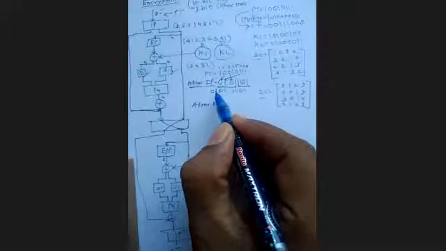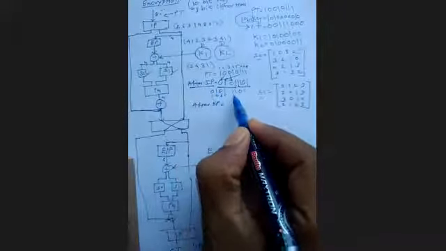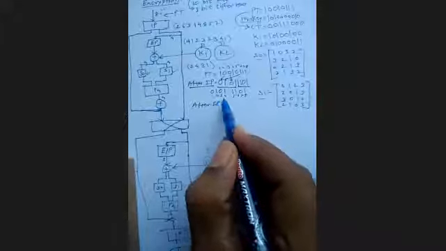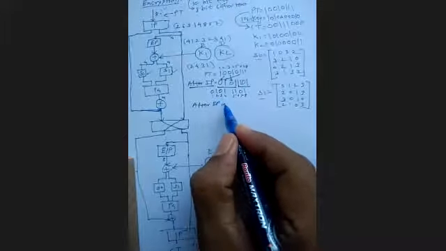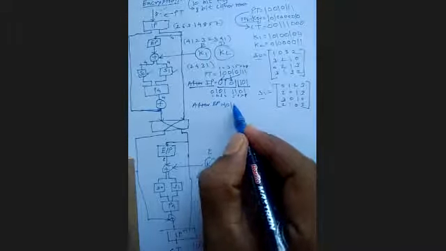What is that expansion permutation? 4, 1, 2, 3 you have to consider first. So that value you have to use first: 1, 2, 3, 4, 5, 6, 7, 8. So what is here? 4, 1, 2, 3. So 4, 1, 2, 3 means 4 values: 1, 0, 1, 0. Got it?